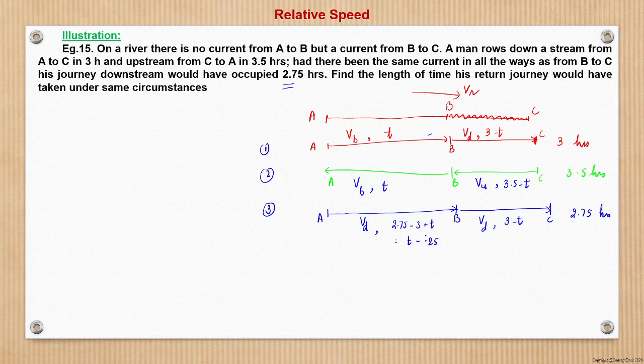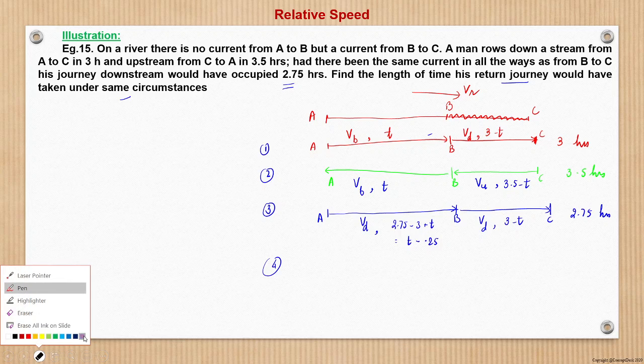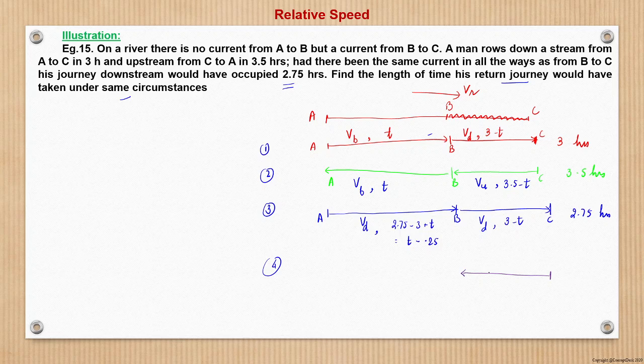So now the problem is to find the length of this return journey under the same circumstance, that is when the river flows with a speed right from A to C. So the fourth condition is that from C, a boat starts upstream, then reaches B, and from B it reaches A upstream.